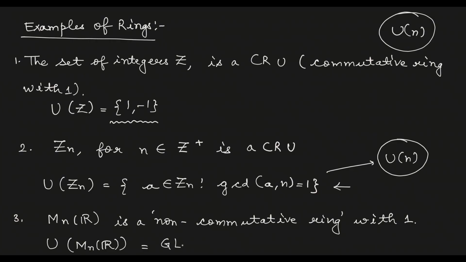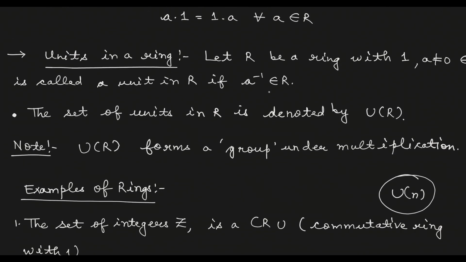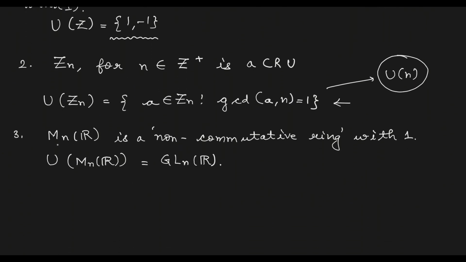This is GLn(R), because set of units means a inverse belongs to R. We've already seen that in this n cross n matrices whose entries are real entries, the determinant should be non-zero. Then only our inverse will exist. So that's why GLn(R) is a group of units. Is this clear?